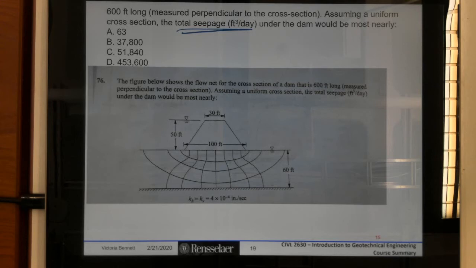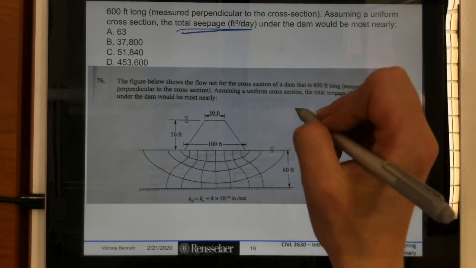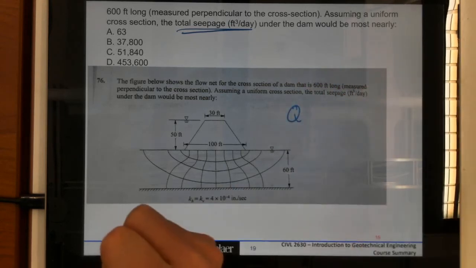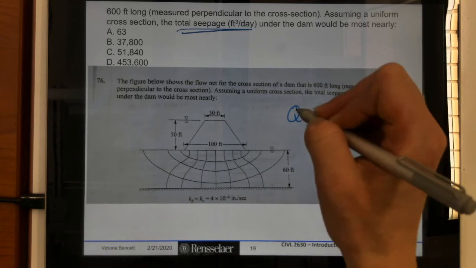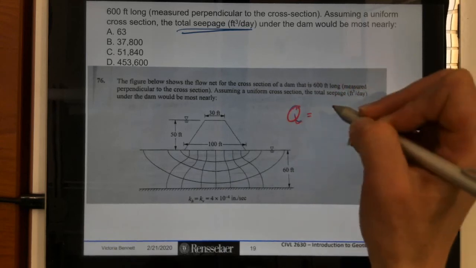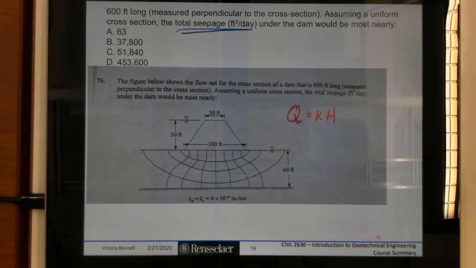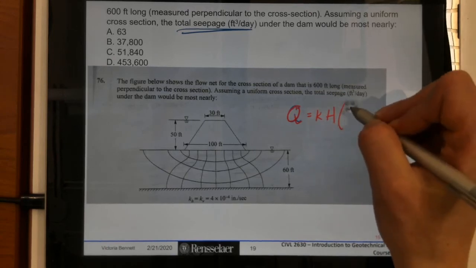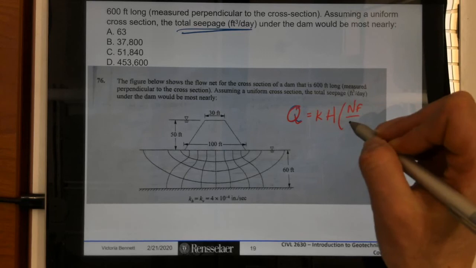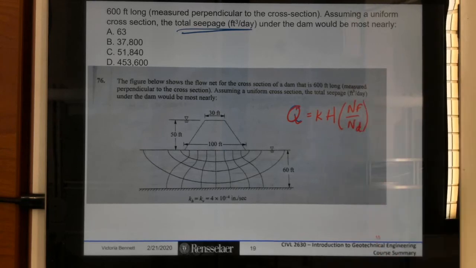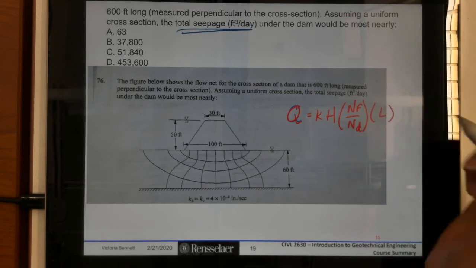So what we would want to do is make use of permeability times capital H times the shape factor of the drawn flow net times the length of the dam.